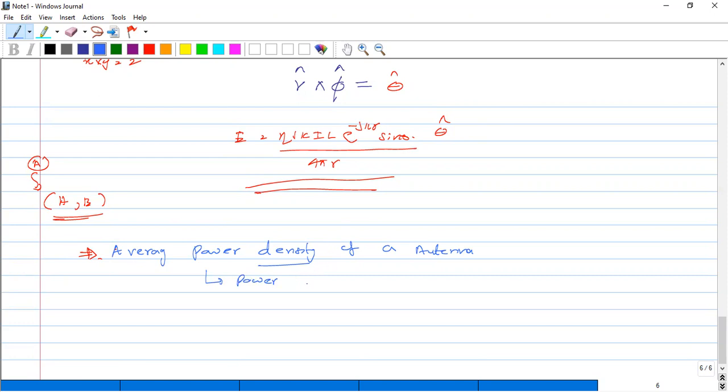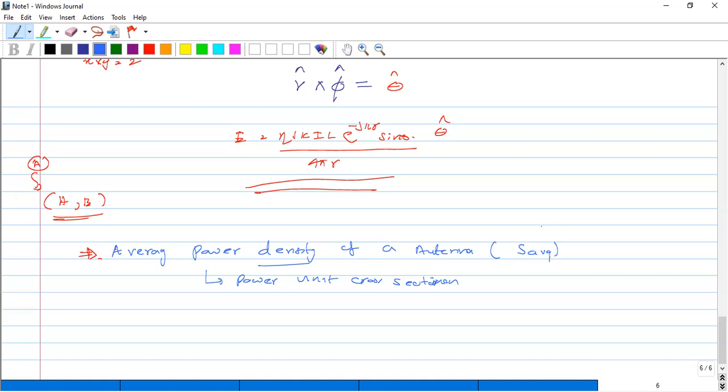So it is the power radiated through a unit cross section. So that is called average power density, and it is denoted using S_avg, the average power density.